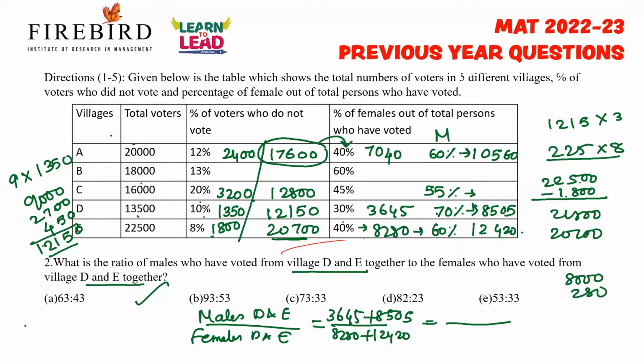See, if you add both the values, you'll get 20,925 divided by 11,925. So the ratio you'll get is 93/53 is your answer. Okay, the answer for this question is option B, 93 is to 53.